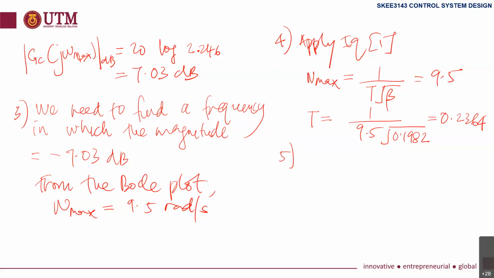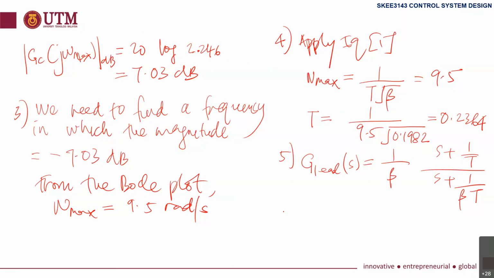Then we can write the transfer function. The transfer function for lead is (s plus 1 over T) over (s plus 1 over beta T), multiplied by 1 over beta. We wrote this yesterday.